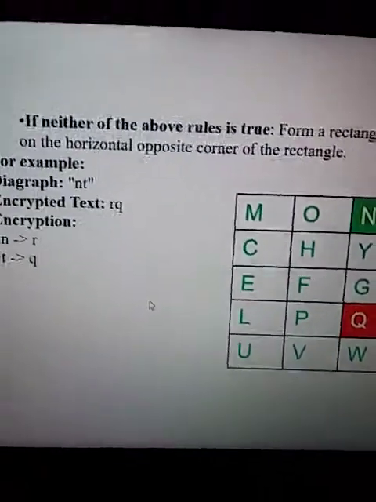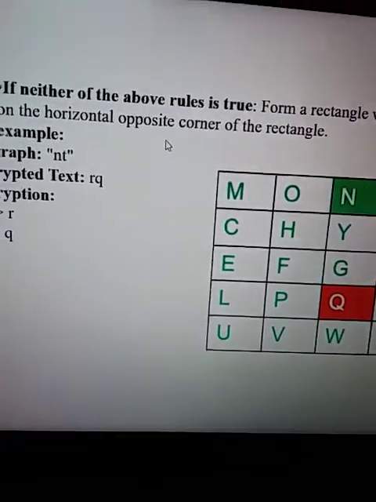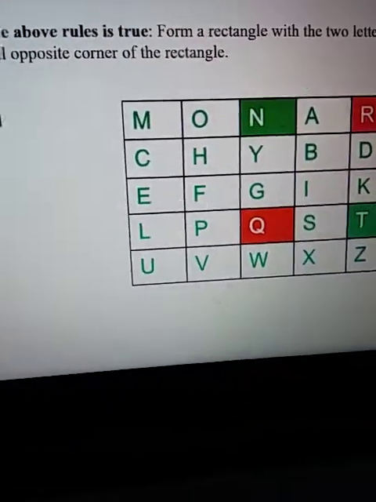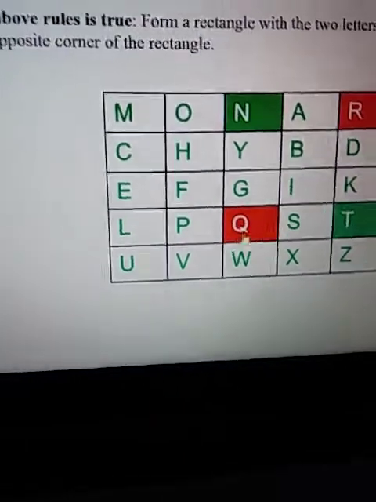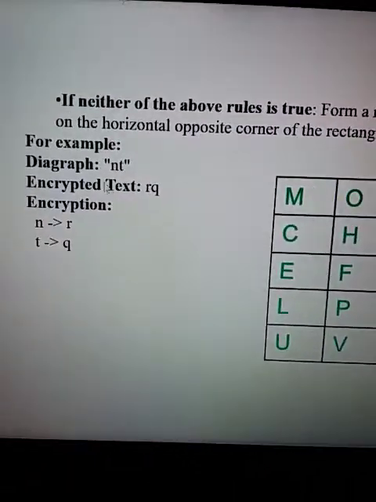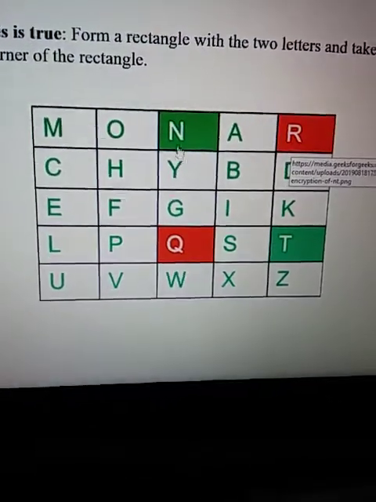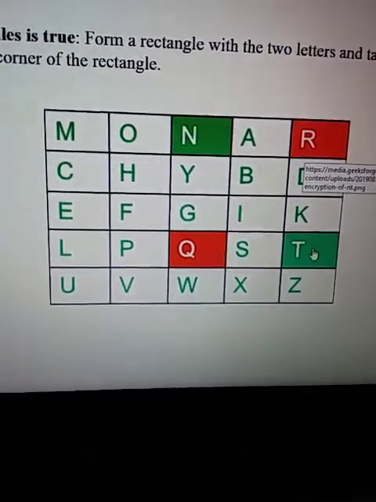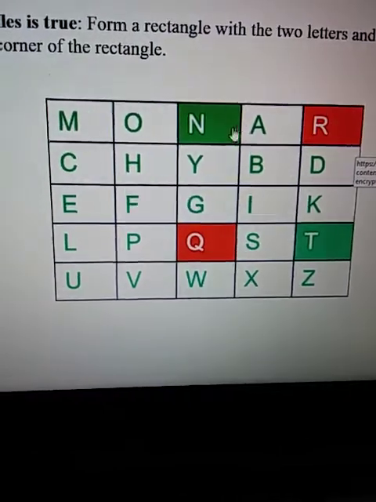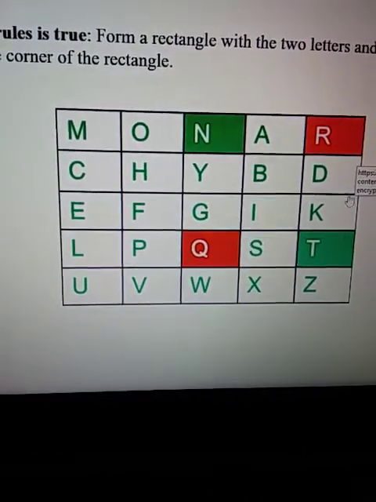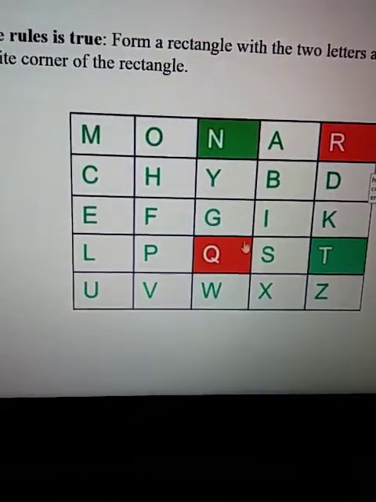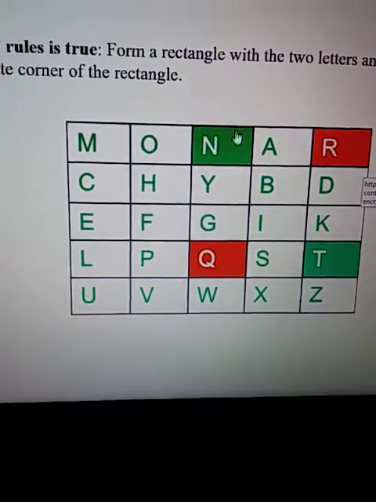And the third one is, if the pair of letters does not exist either in a row or in a column. Let us consider this "nt". "Nt" is a pair of plain text. N exists here and T exists here. So this forms another shape. It might be a rectangle or it might be a square.